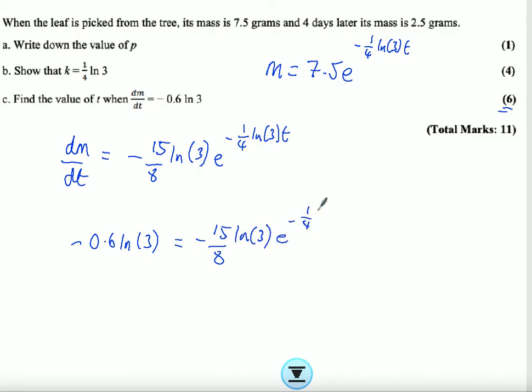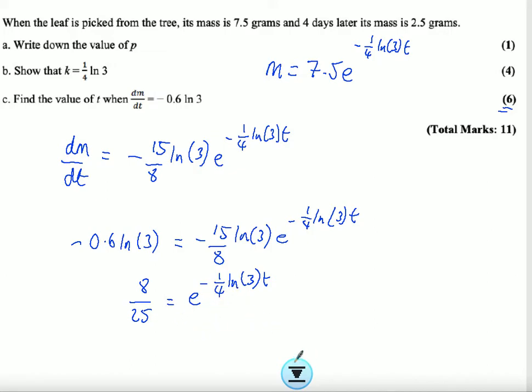Which isn't too bad actually, because we're going to get lots of things that cancel out. So it's divide through by negative 15/8 ln 3, so the ln 3s will cancel. Negative 0.6 divided by negative 15 over 8 is 8/25, and that is going to be equal to that.